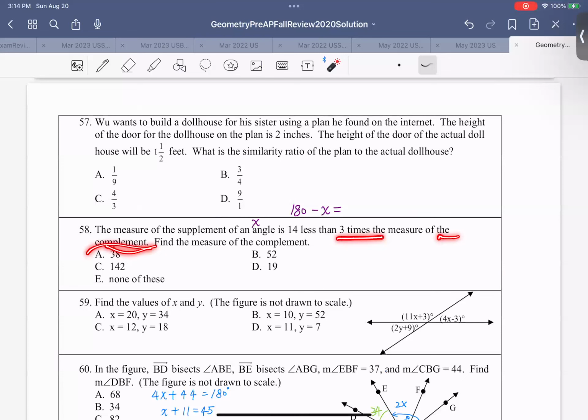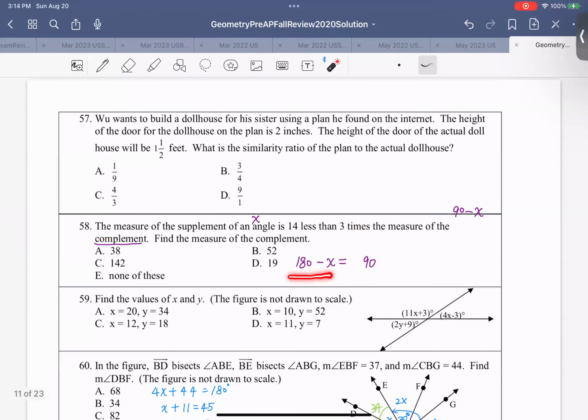So the complement will be? 90 minus x. 3 times the measurement of that. So what should you write down here? 180 minus x equals 3 times 90 minus x.